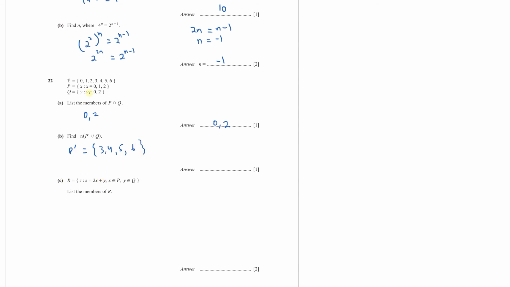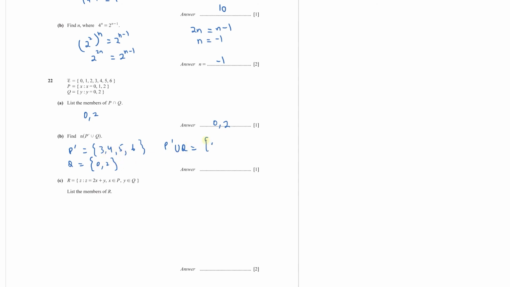And then your Q is this 0 and 2. So what you have to do is the union of Q and P complement. So P complement union Q would be you basically combine the elements in both the sets, making sure you do not repeat any element. There's already no common element between the two.